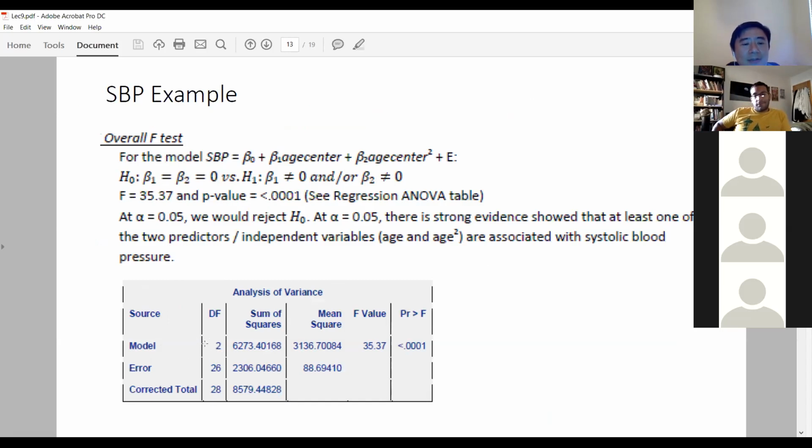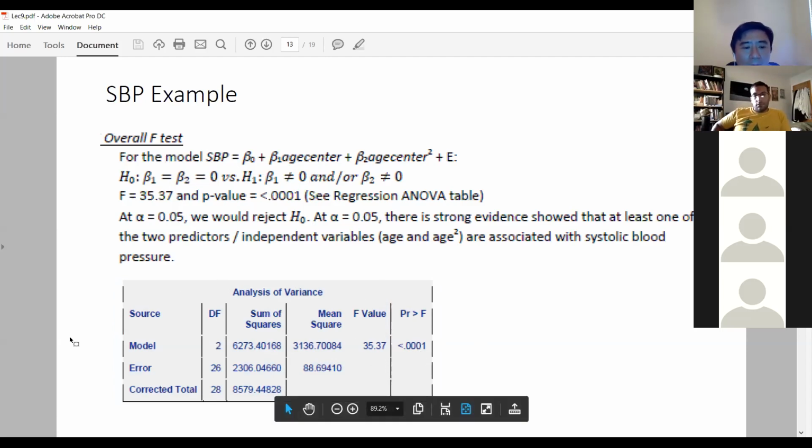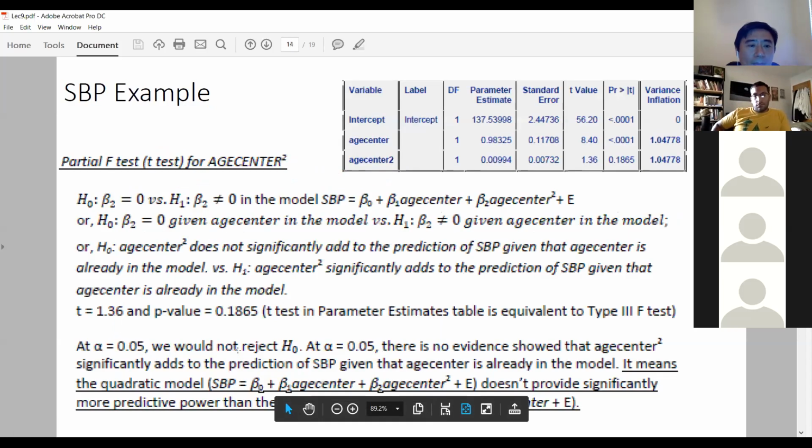The 2 degrees of freedom are not testing two separate random variables. They're testing the same random variable in different polynomial forms. If you use the centralized age as the predictor, you get a p-value less than 0.0001, which means it's significantly better than the null model.